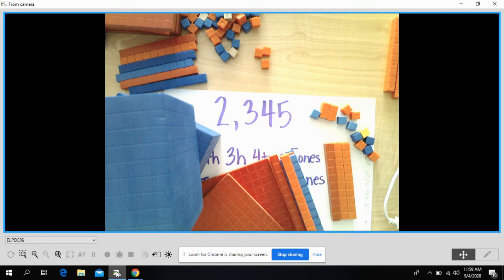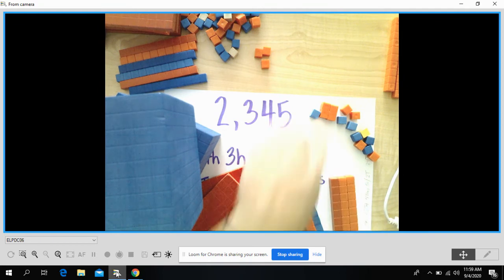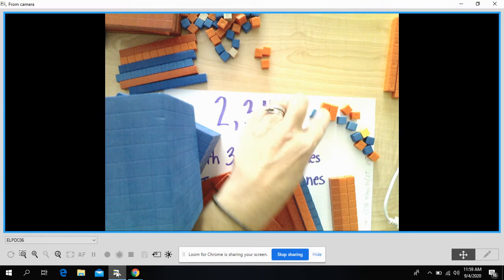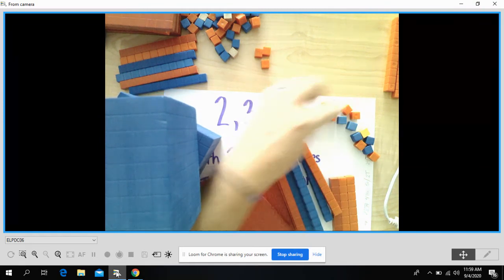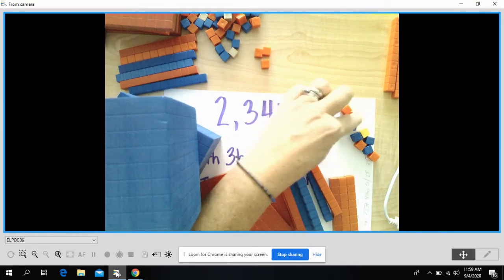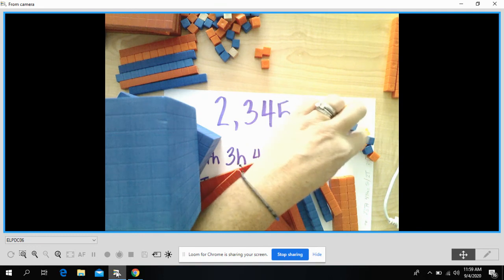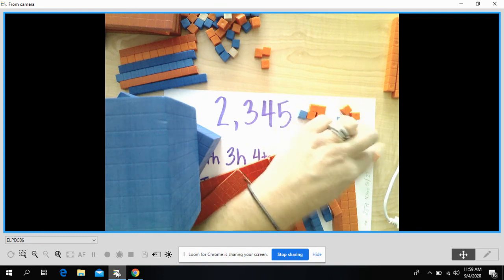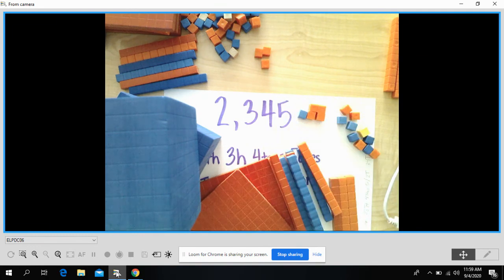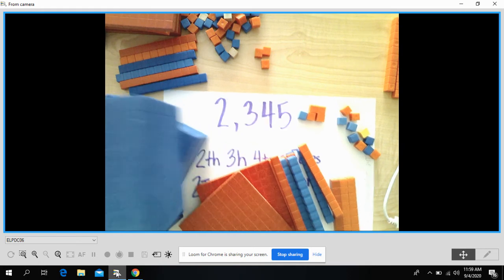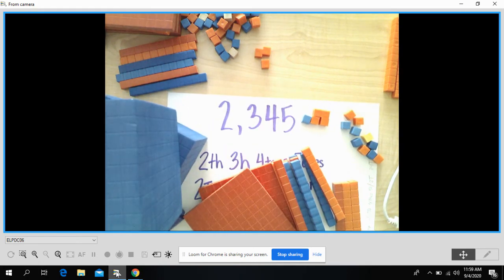So this right here makes 2,300, 310, 320, 330, 331, 332, up to 345. Sorry, my hand was in the way, but we just made 2,345 a different way.